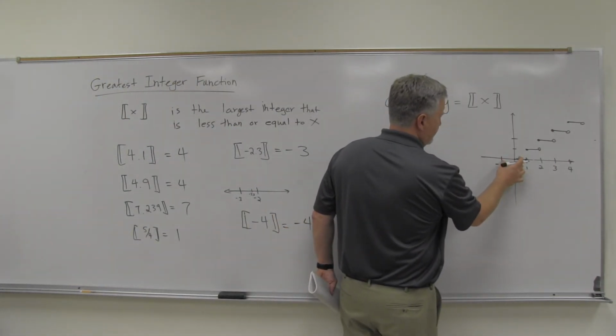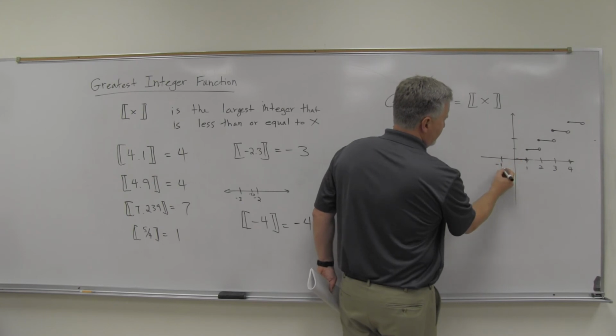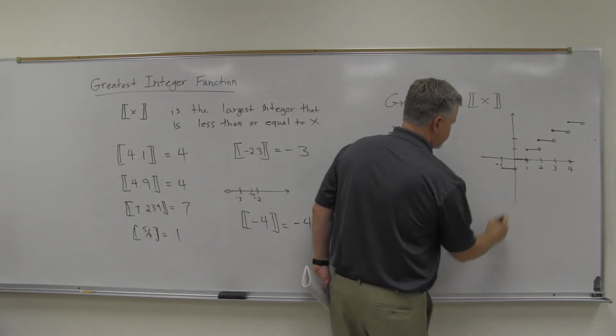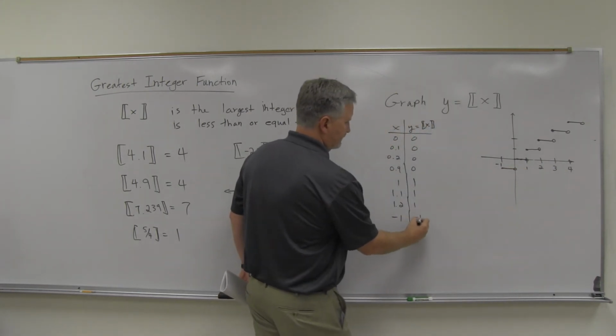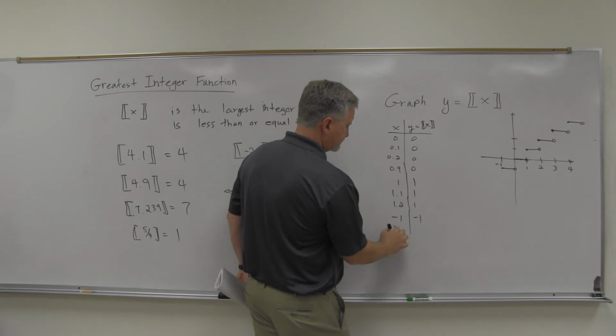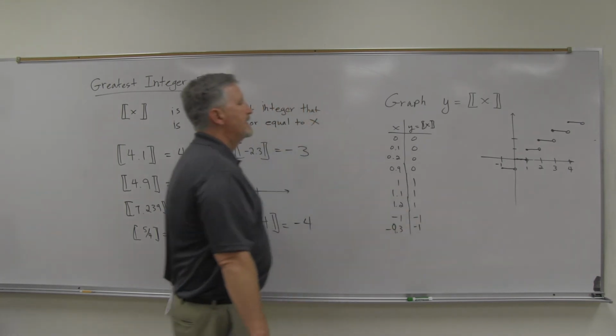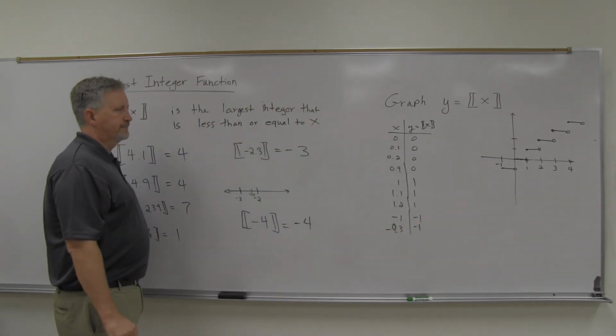The pattern continues back here. So between negative 1 and 0, we are at negative 1. Yeah, at negative 0.3, you're at negative 1 as you go down to the lower integer.